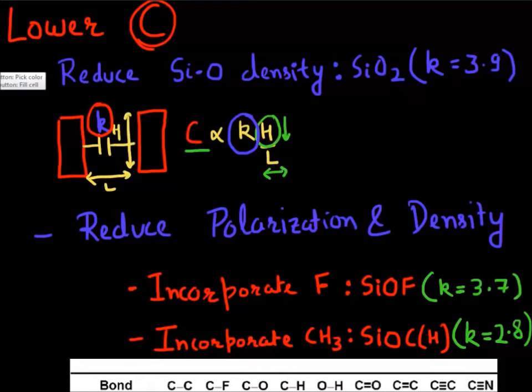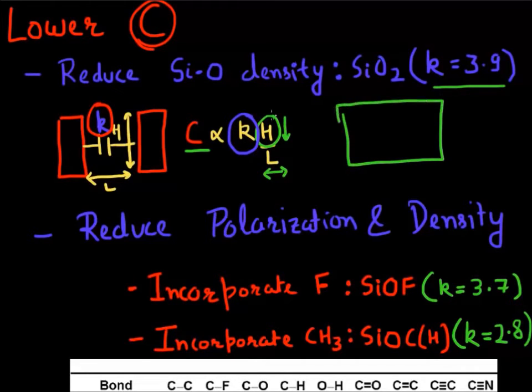Silicon oxide is the lowest K material that we know. It has a dielectric constant, or K, of 3.9. So one way is to take this silicon oxide and try to make it porous, or reduce its density to reduce its K value.